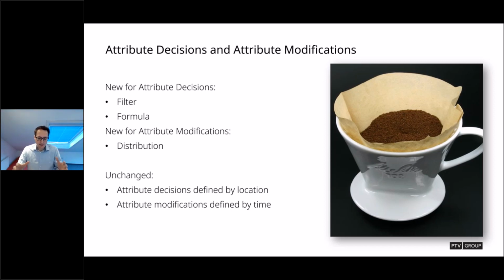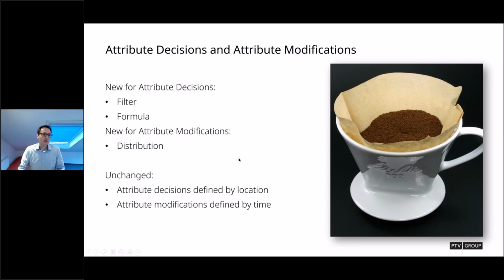We have now combined the functionality of attribute decisions, which are local decisions of vehicles crossing a cross section or pedestrians arriving at an area, and attribute modifications, which can make changes to your model at certain times in the simulation.